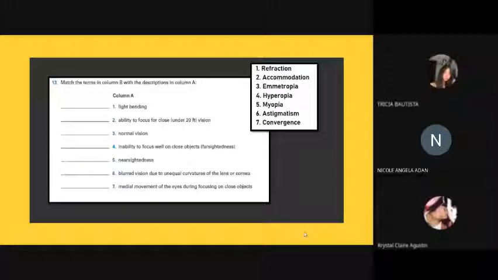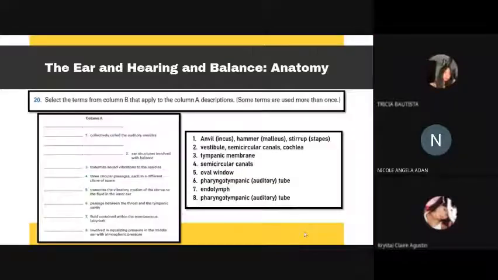Number 4, hyperopia. Number 5, myopia. Number 6, astigmatism. Number 7, convergence. So moving forward with the ear and hearing and balance anatomy.